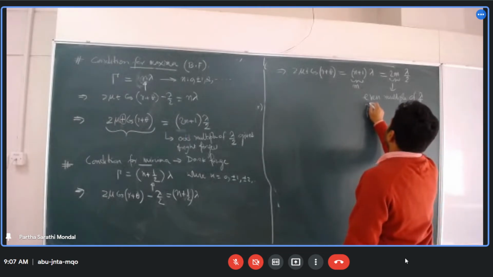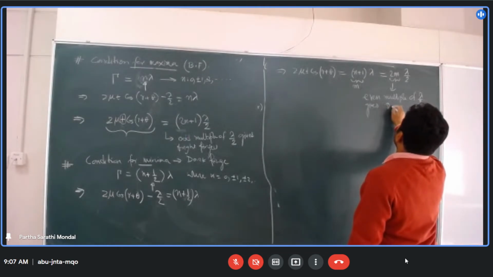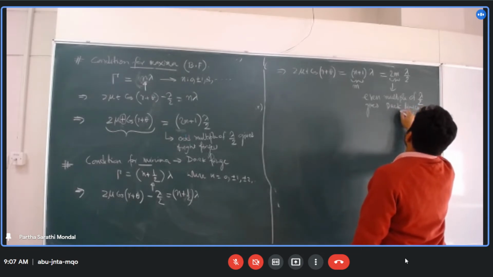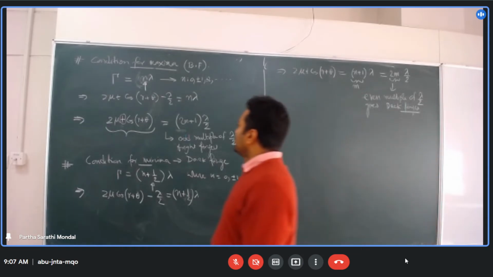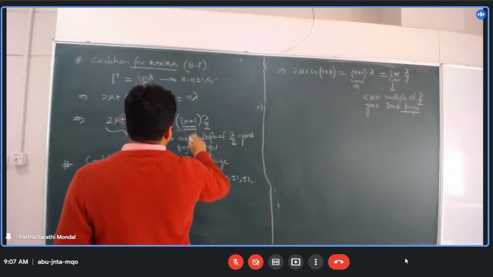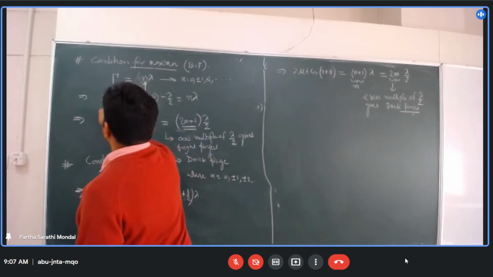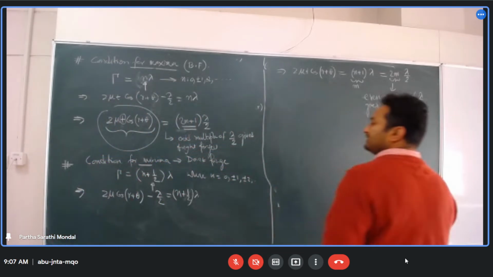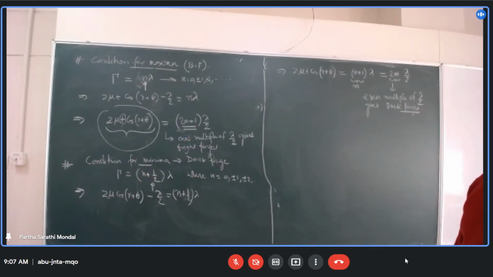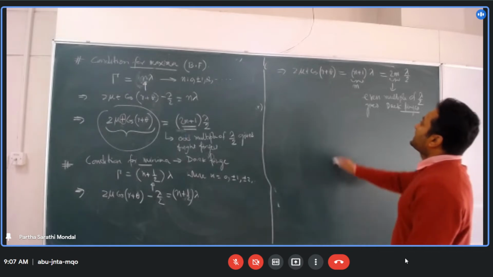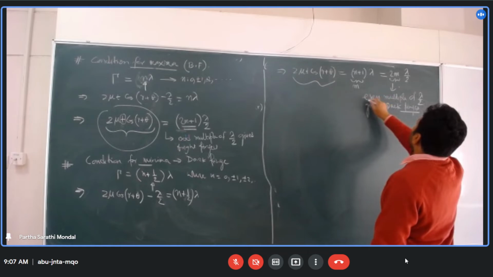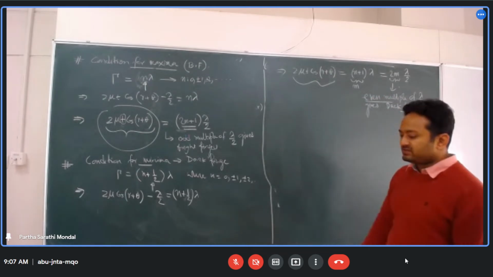So just as an odd multiple of lambda by 2 on the right side gives you a bright fringe, if the right side is an even multiple of lambda by 2, you will get a dark fringe.